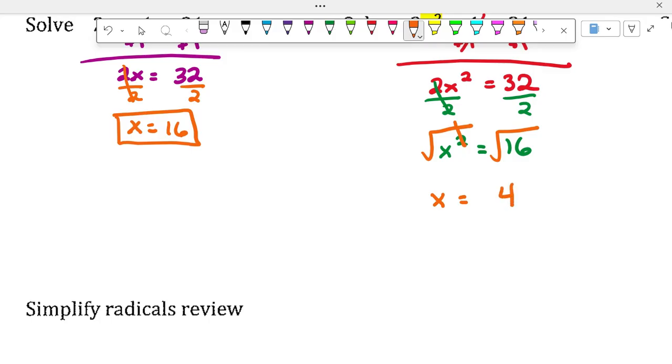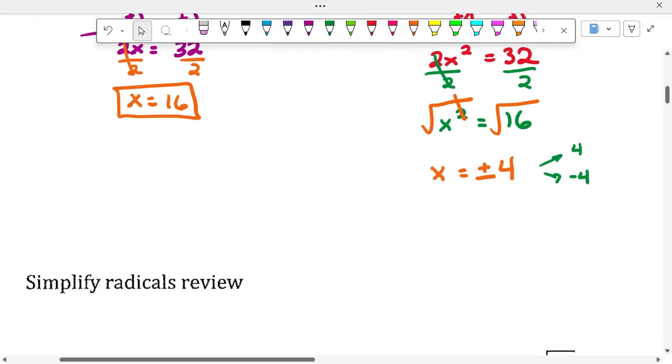4. However, remember, whenever we solve and we take a square root, what did I say you always have to put in front of that value? Plus minus. Because plus minus is just a fancy way to write out positive 4 and negative 4. That's what plus minus 4 means. It can be either positive 4 or negative 4. Because if you think about it, isn't 4 squared and negative 4 squared both 16? Yes.